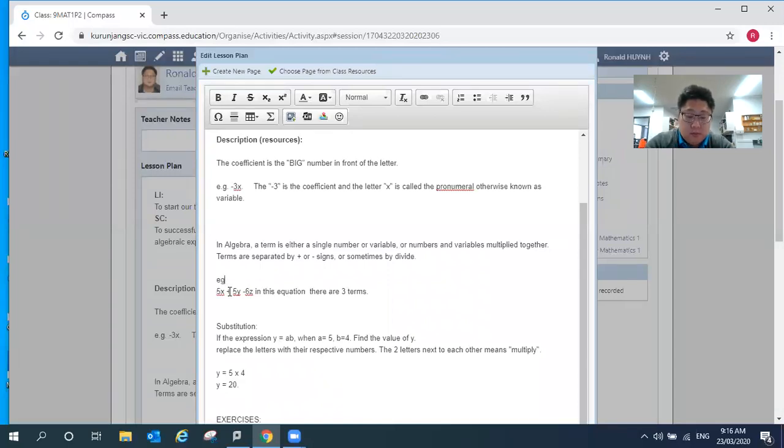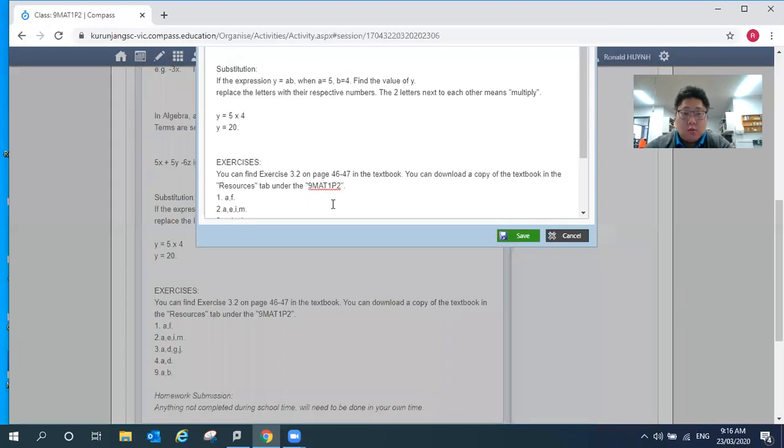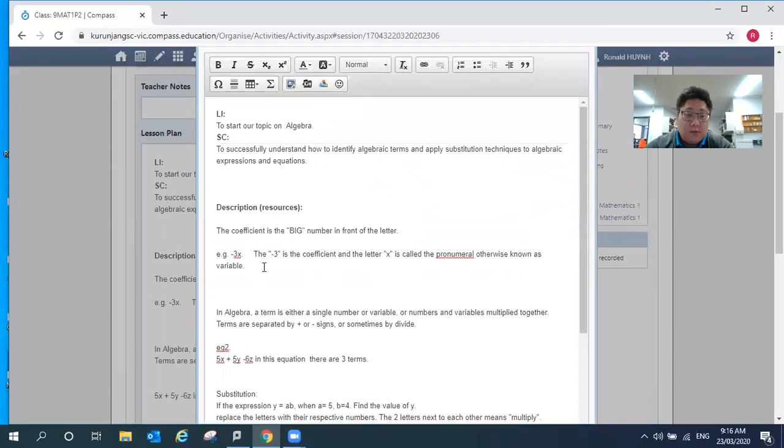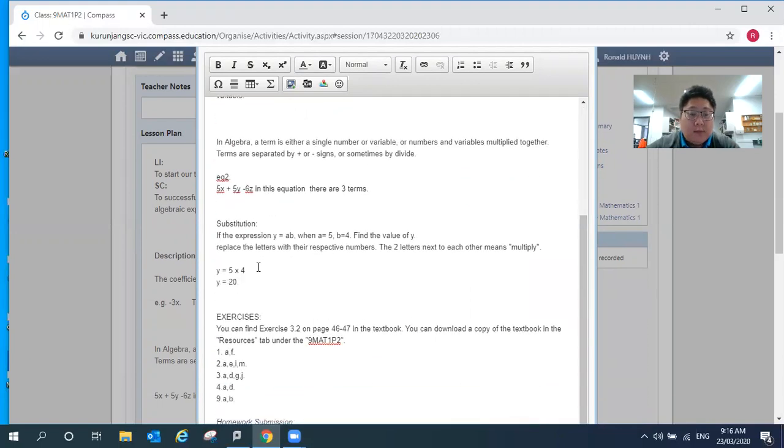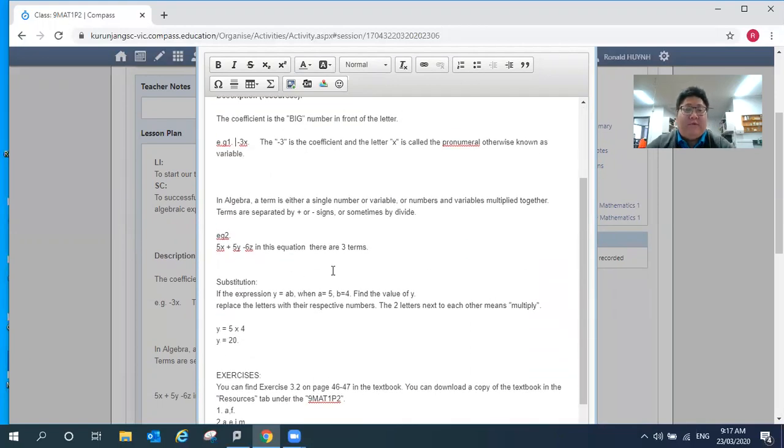So, 5x plus 5y minus 6z. In this equation, the 5x is one term. The 5y is another term. Why?